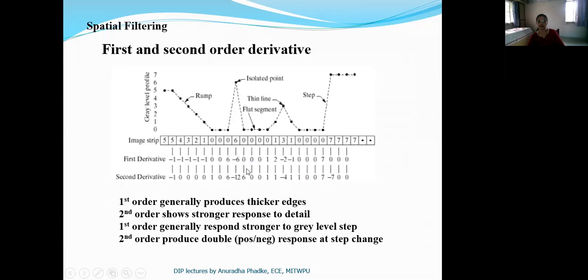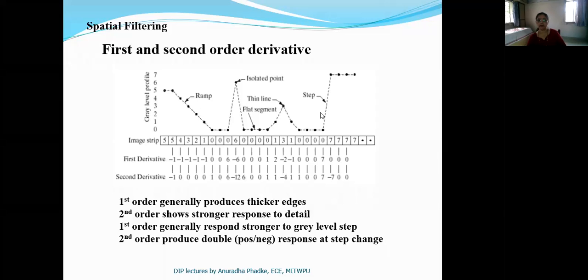Similarly, for isolated points, the second order derivative gives a higher response than the first order derivative. So basically, second order derivative is useful for detecting fine details in the given image, and first derivative is useful for detecting thick lines or thick edges in the given image.